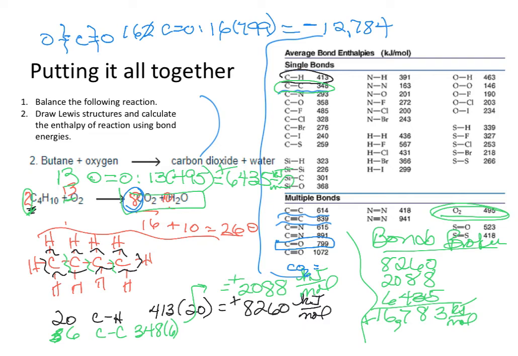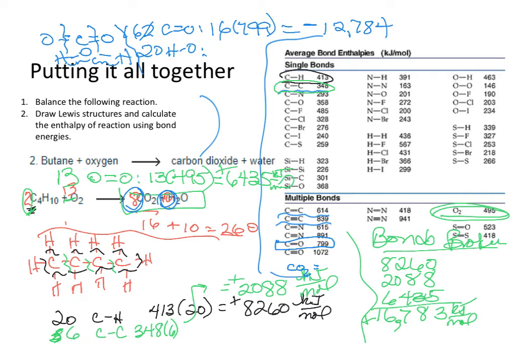And then we're going to make oxygen-hydrogen bonds. If you draw out water, you can see every water molecule has 2 oxygen-hydrogen bonds. And then we have 10 water molecules. So 10 times 2, we've got 20 hydrogen-oxygen single bonds that we're making.